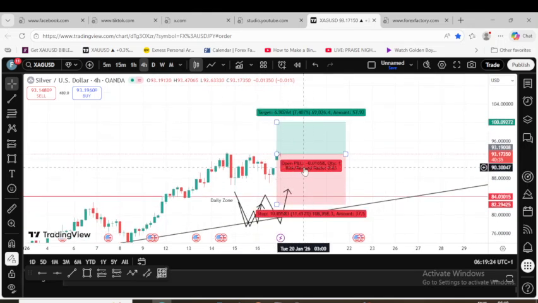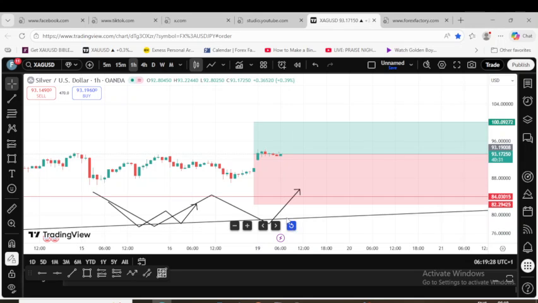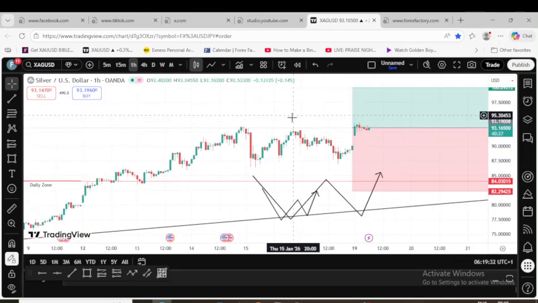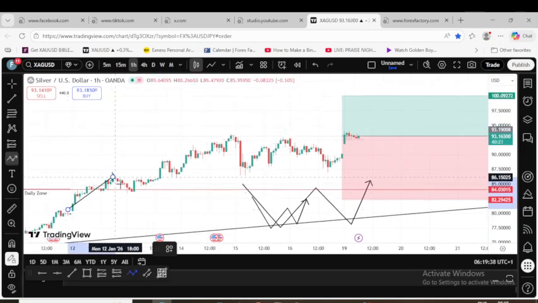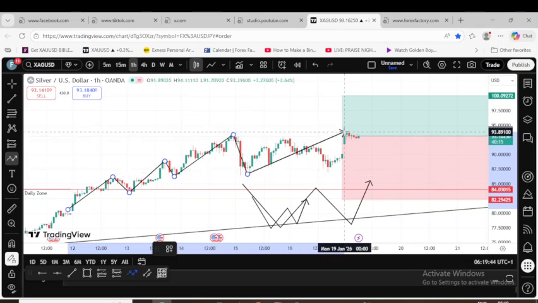Stop loss is a little bit overly wide, so we'll now go down to the H1 time frame to see if there's any chart pattern or market structure, most especially market structure, that I can use to reduce the size of my risk. Right now I don't see any.